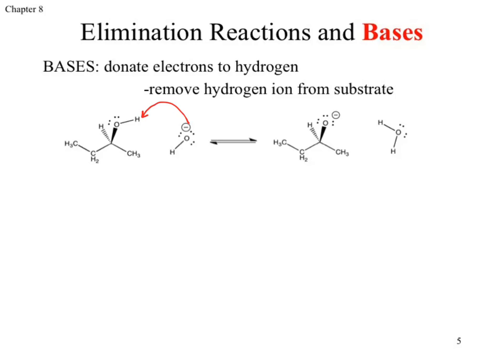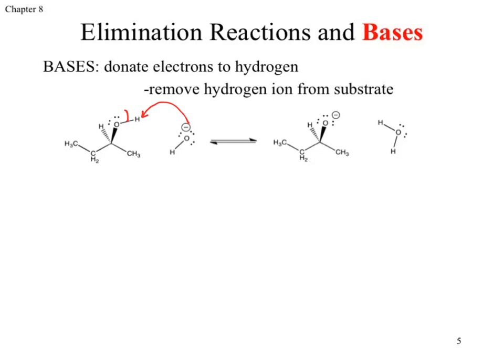How many bonds would that hydrogen now have? 2. How many bonds can hydrogen have? 1. So what has to happen? We're going to have to break a bond. We can either break the bond we just formed, in which case that was a waste of an arrow to draw up in the first place, which I do sometimes, or we can break the other one. So we'll take the electrons in that bond and we'll move them where?